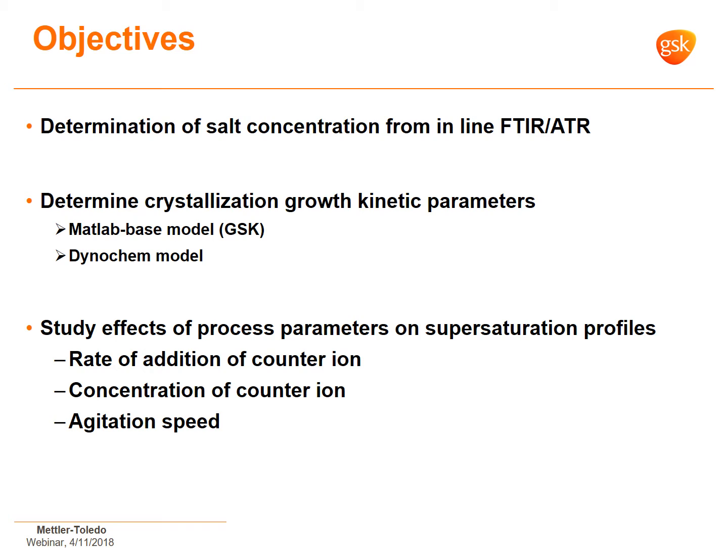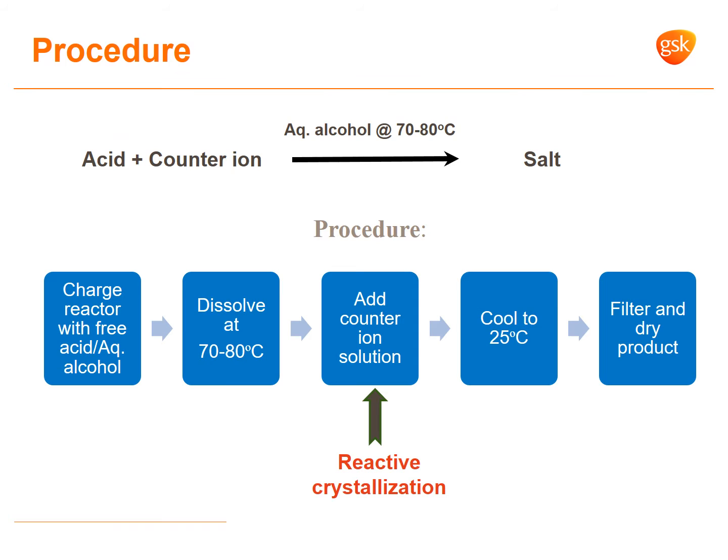So the objectives, as I mentioned earlier, are determination of the salt concentration from the FTIR ATR measurement, but also the crystallization kinetic parameters, and we study the effect of the major parameters in the crystallization. A quick description of the procedure: a reactor with free acid and alcoholic solvent. We dissolve it at elevated temperature, and then we add the counterion at elevated temperature. Here is where the solid comes out, and then we cool and filter.